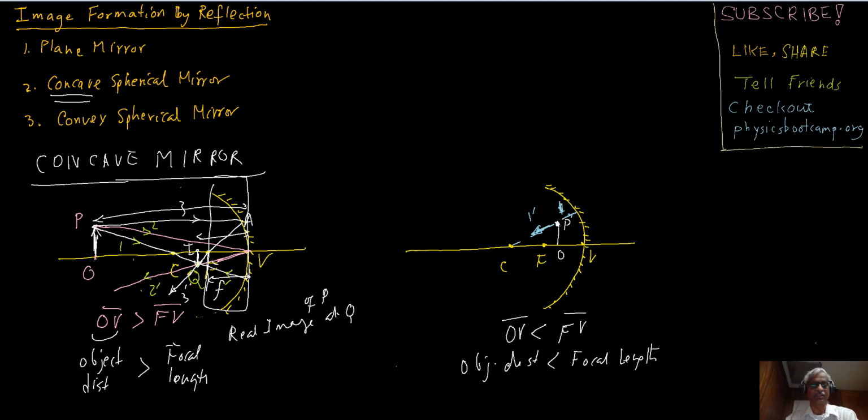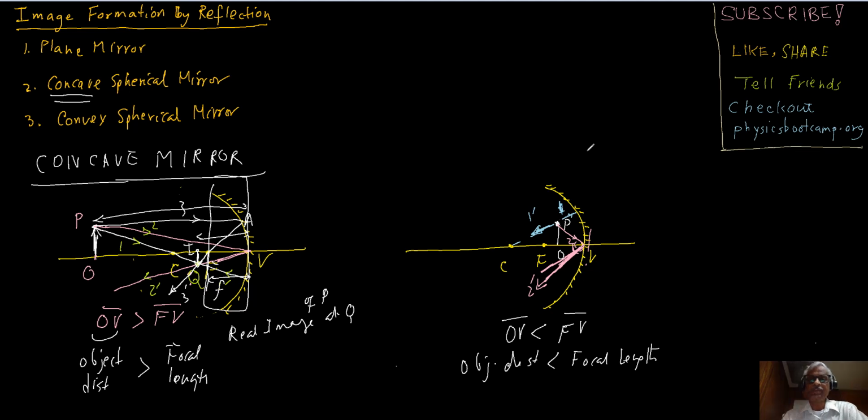So that's the second one. Let's do it again, say this one, 2. Well, this angle will be, the normal is this, so it's going to reflect symmetrically, and it's going to be 2 prime.